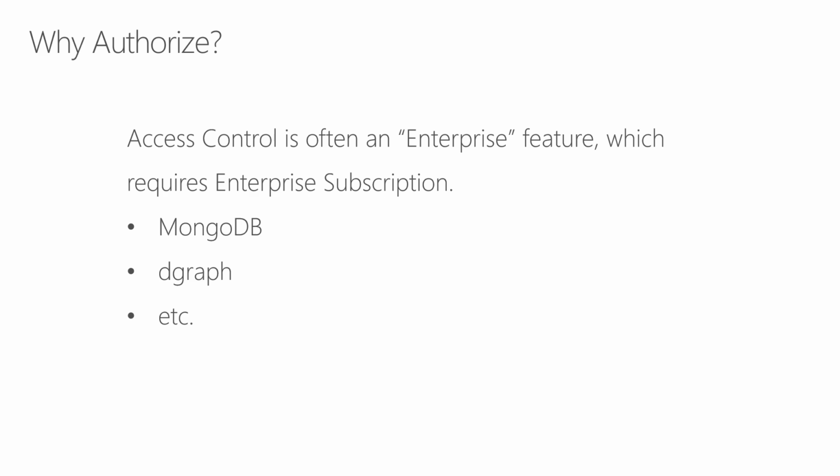So Caddy Authorize helps you to protect your otherwise not protected database instances online, as well as any other application. It applies to anything. But when I was creating this, I was thinking about how I use a lot of MongoDB, and I used the community version, and I really needed ACL, so I came up with the plugin.